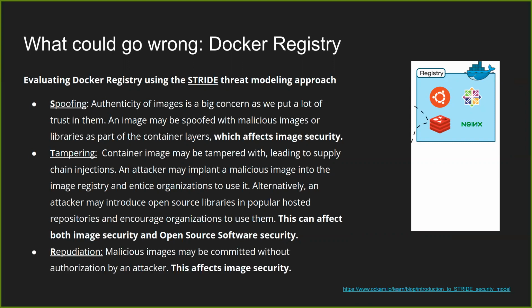Repudiation is the other part of STRIDE. Malicious images may be committed without authorization by the attacker. Quite recently, there have also been improvements on Docker, where now you need to authenticate when you're pushing; you need to have some sort of authorization and authentication for pushing your images.